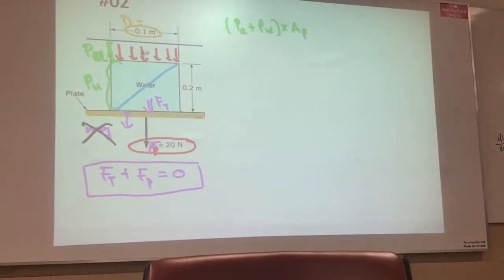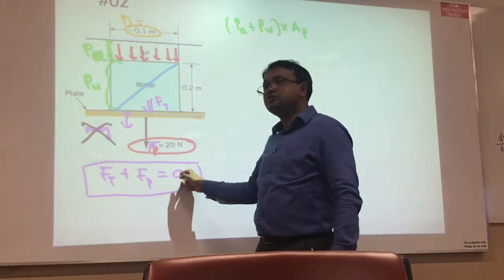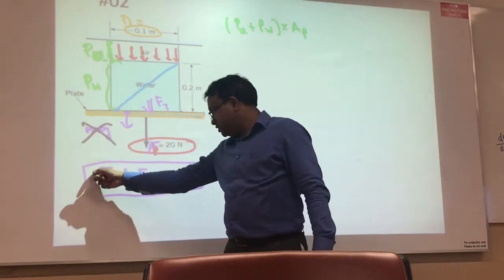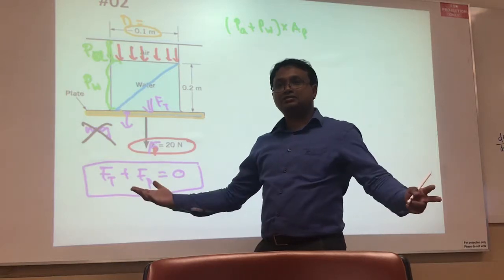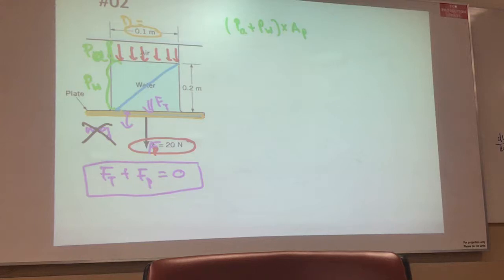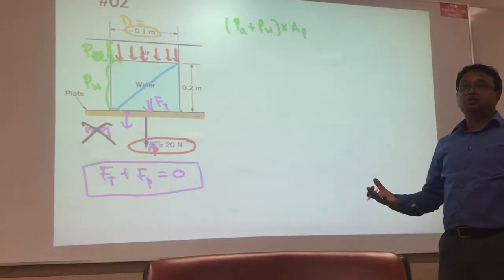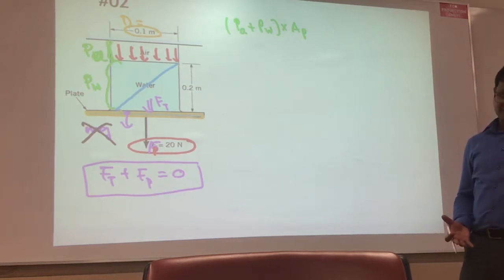If mg is given, then Ft plus mg plus Fp is equivalent to 0. Just force balance. Any question? In this question they tell you the mass of the piston is neglected, but in the exam they may tell you the mass of the piston should be considered, right?